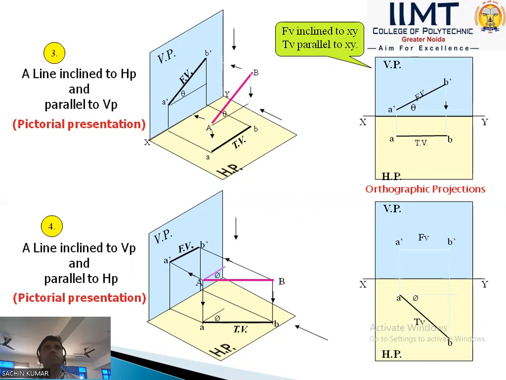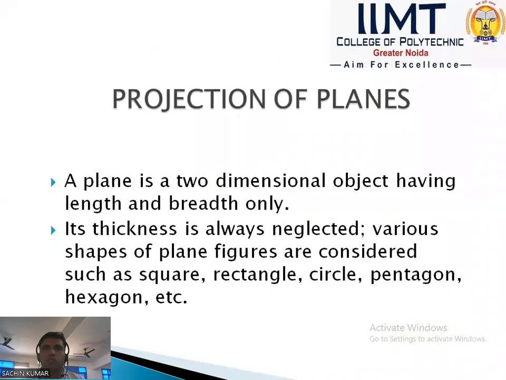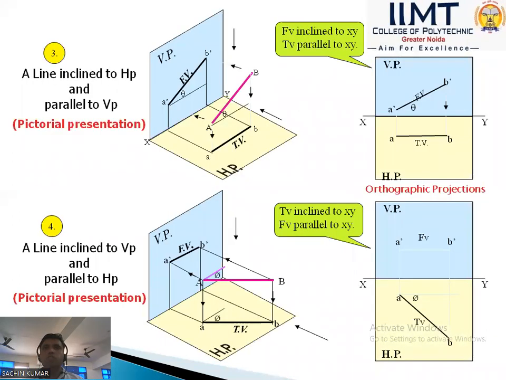Another important question is a line inclined to both planes. We use three methods for drawing a line inclined to both planes, which we will discuss in the next lecture. This is the simplest case of a line inclined to HP and parallel to VP: the top view is inclined to XY and the front view is parallel to the XY line. So we have discussed projection of point and projection of line.